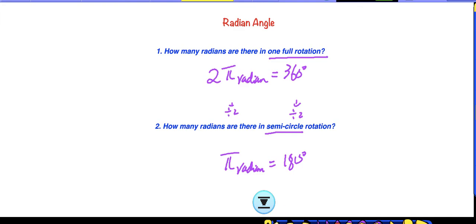Please pay special attention to this one, because this will be the fundamental relation we use to easily convert from radians to degrees, and that will be introduced in the next video. This is just an introduction to where radian comes from in measuring the angle. In the next video we'll do more practice on how to convert from radians to degrees. Okay, see you soon.